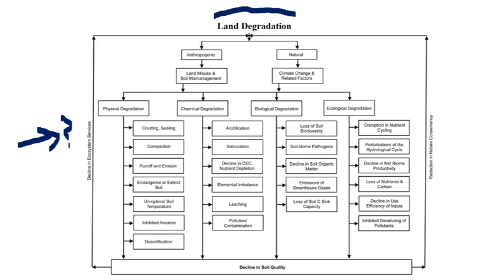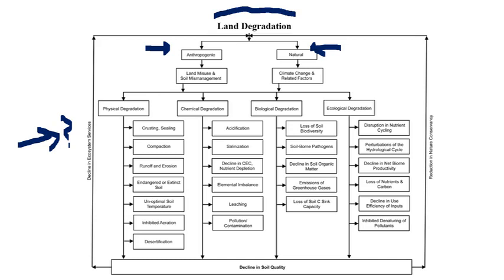In this figure, you will see that land degradation is basically divided into two forms. Land degrades by two processes. Number one is anthropogenic, that is degradation at the hands of humans, and the other is natural.